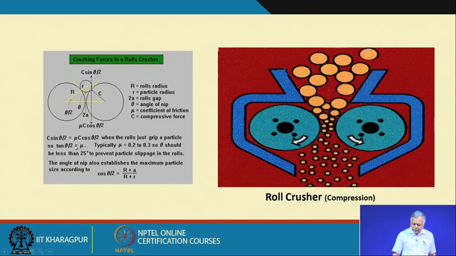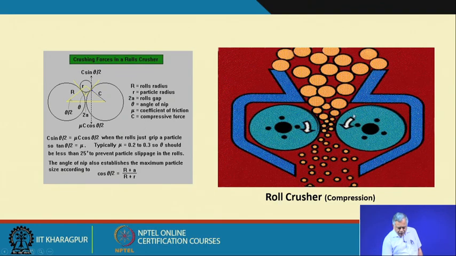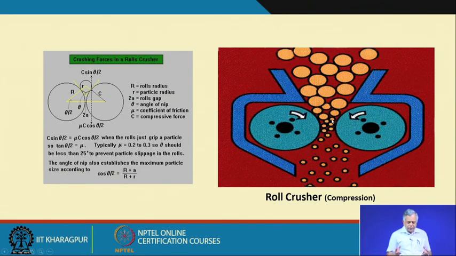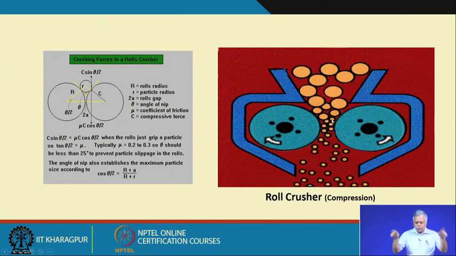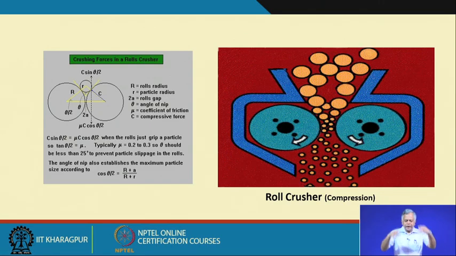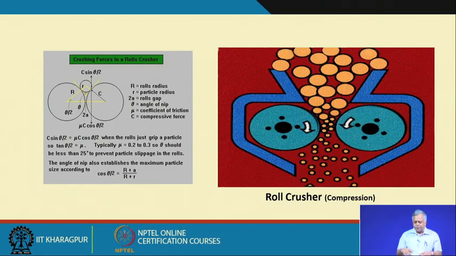If you have two rolls moving like this and drop a particle, sometimes the particle may not be gripped, so it will pass. If it is very fine, or a little bit bigger, it may jump out from the surfaces between the two rolls; within a particular size range, the material will be gripped.